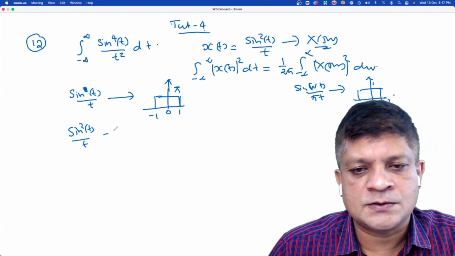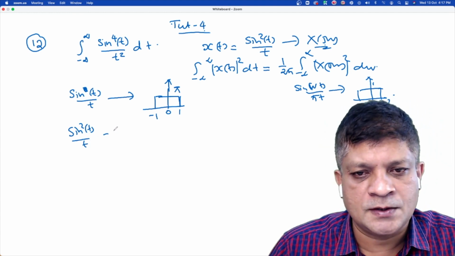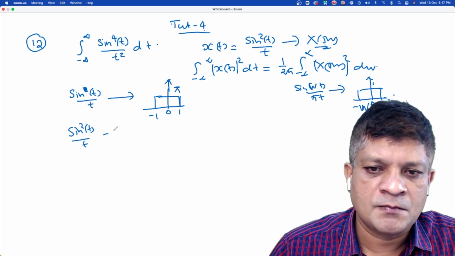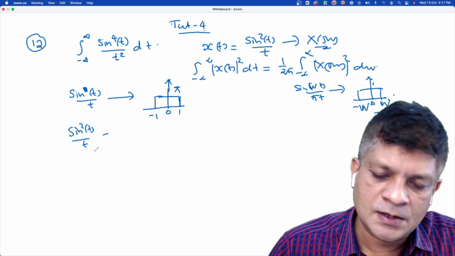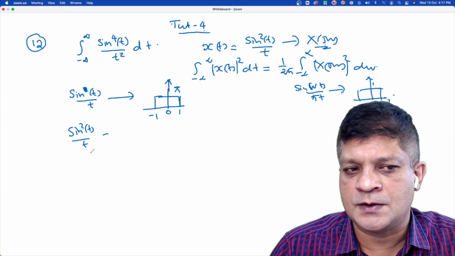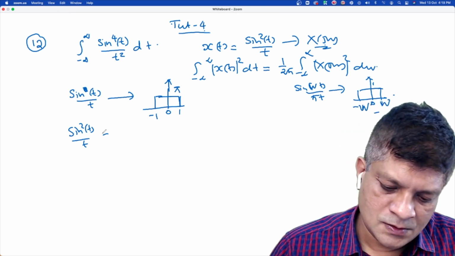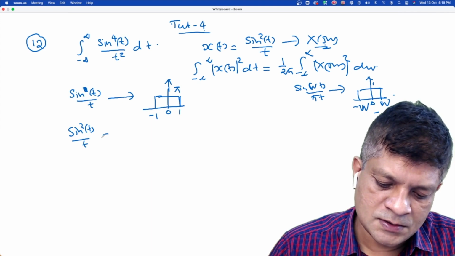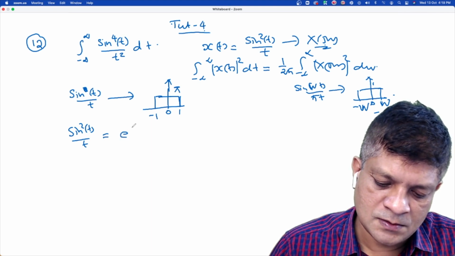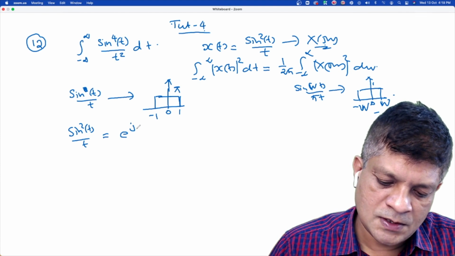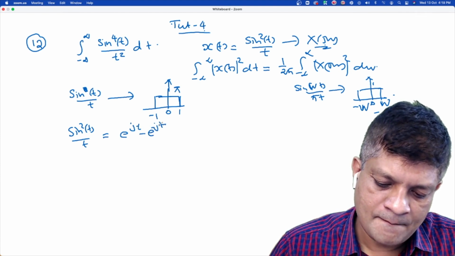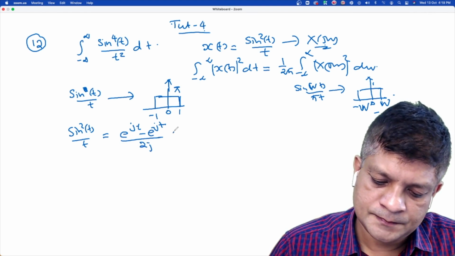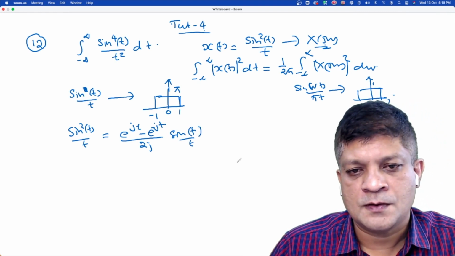You can first find the Fourier transform of sine t and use the convolution property, or you can also use the multiplication, that is, the frequency shifting property, isn't it? So sine square t by t is equal to e to the power j t times sine t by t, and so on.